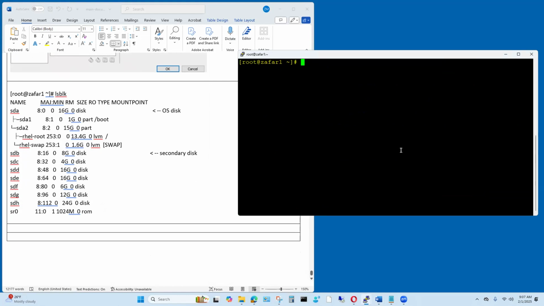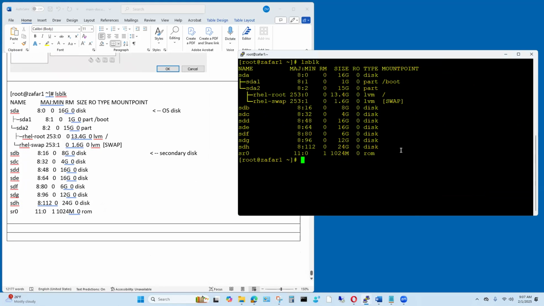If you do lsblk, it will show you the physical disks. Going forward, I will be using the term physical, because it is something which is physical here. It's still virtual, but I'm going to use the term physical.